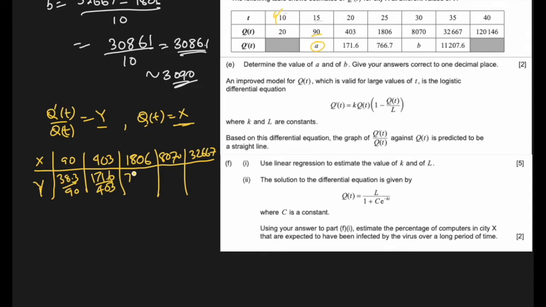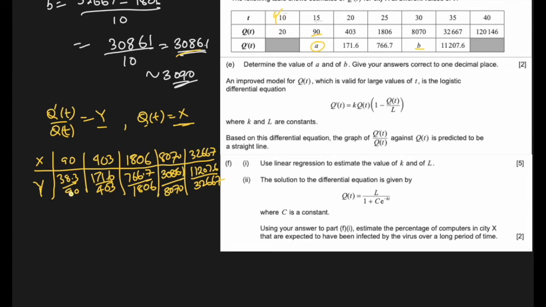Then 766.7 over 1806. Then the B value was 3086.1 divided by 8070. Then finally we have 11207.6 divided by 32667.